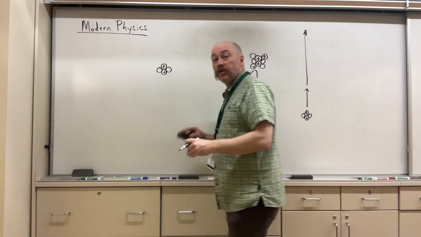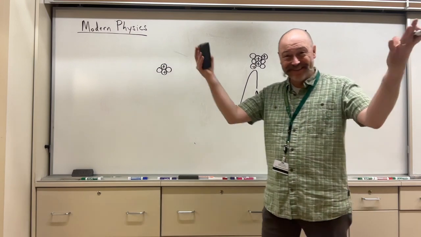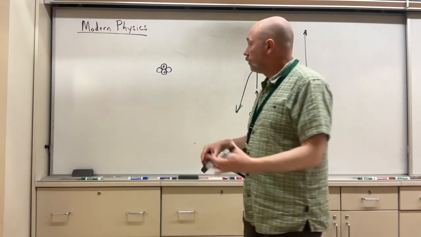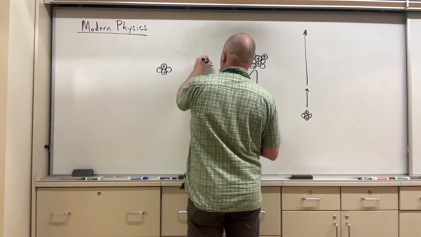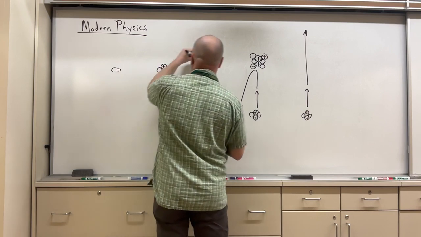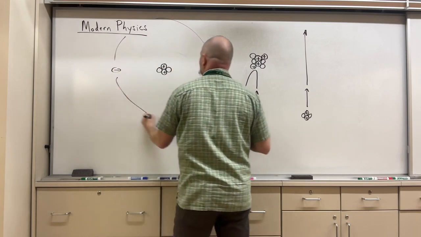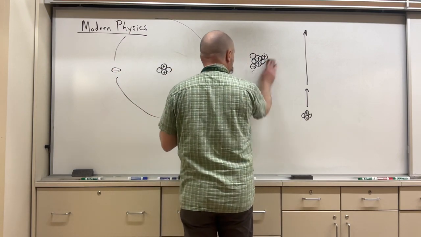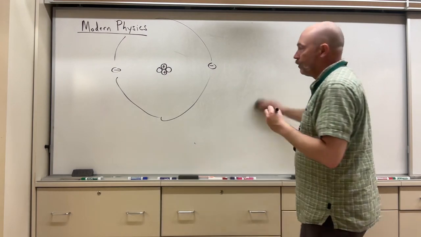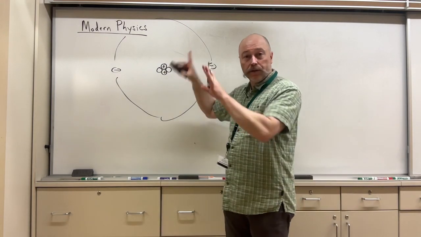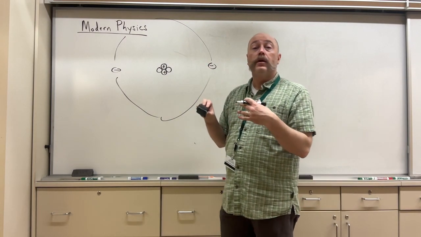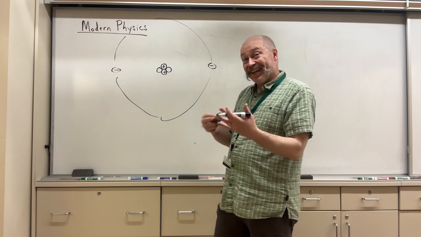The positive charge is concentrated in the center, which we now call the nucleus, okay? And the negative charge is around the outside, which some people call the solar system model. Why? Because it sort of resembles a solar system: here's your star, and here's the planets going around. And this was better as far as what happened.